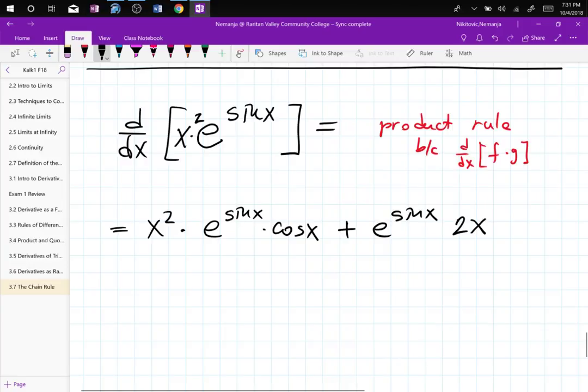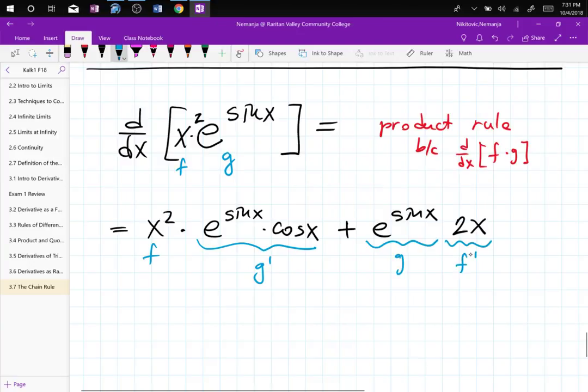So now let's write what's what. There's your f, there's your g, there's your g prime, there's your f prime. Copy the first, derivative of the second, plus copy the second, derivative of the first.